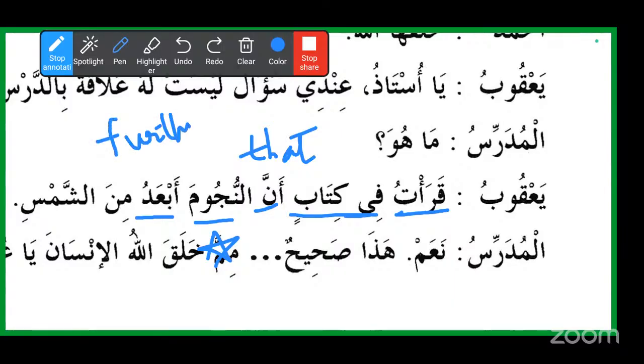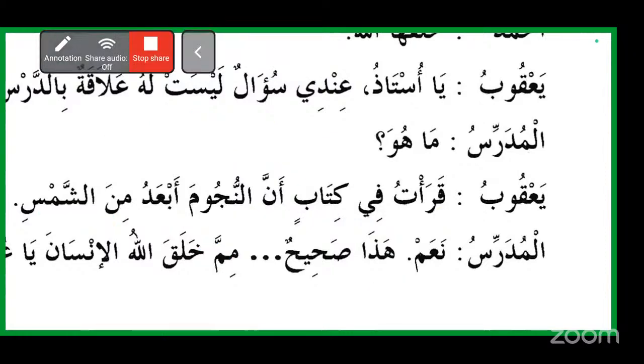Min ash-shamsi. Because it is a comparative degree, because of min. Whenever you have ab'adu min something, then of course it would be comparative. Further from the sun. The stars are further from the sun. Al-Mudarris says, Haza sahihun. This is correct.